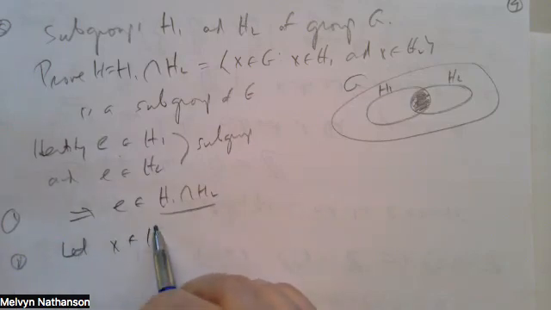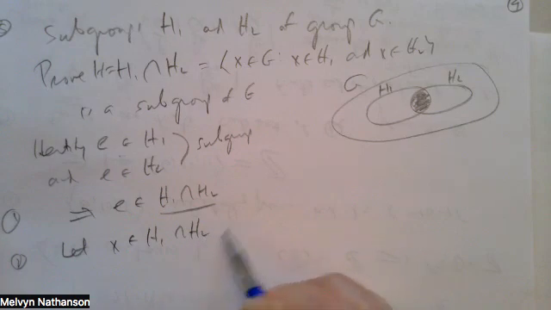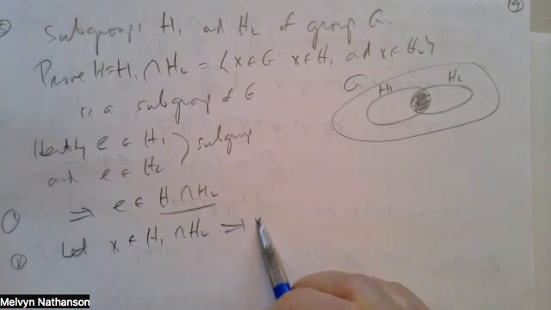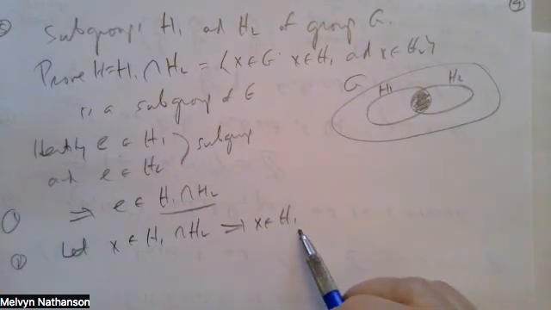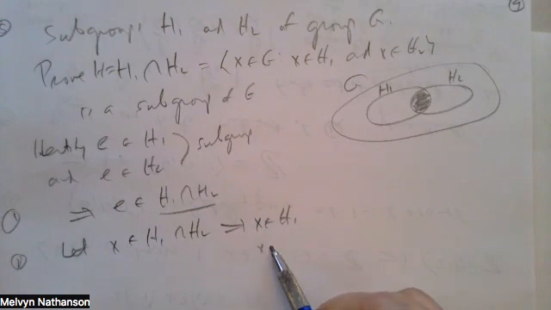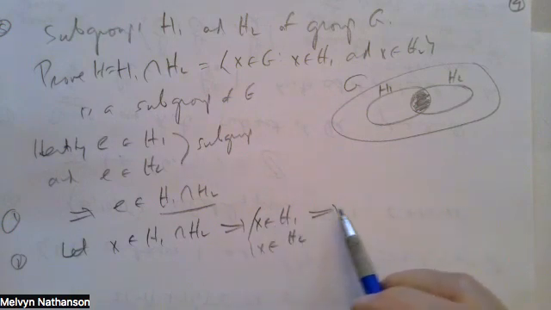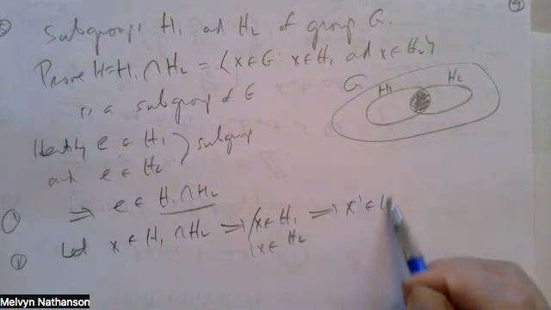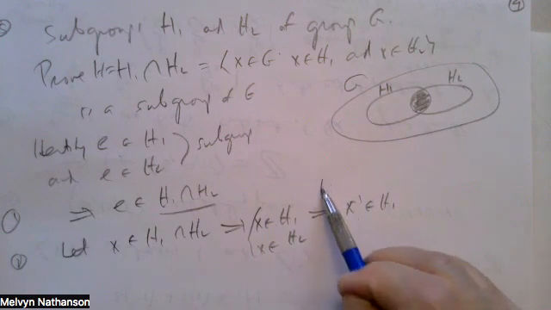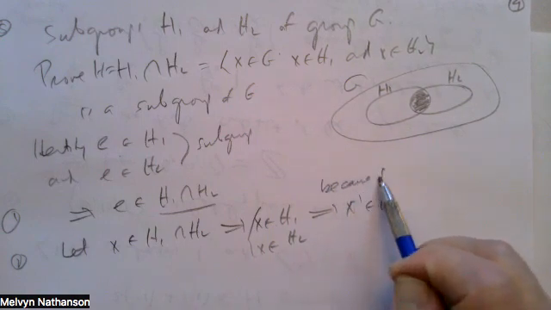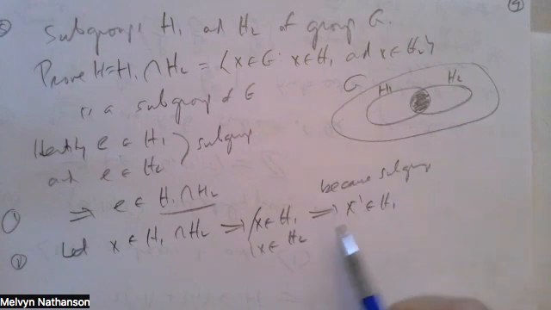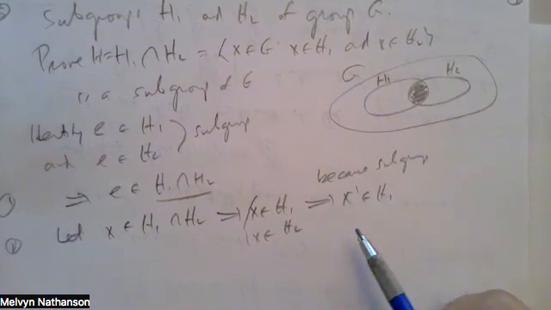Suppose x is in H1 intersect H2. That means x is in H1 and x is in H2. That's the definition of intersection. But if x is in H1, x inverse is in H1 because it's a subgroup. Right? A subgroup contains the inverse of each element.